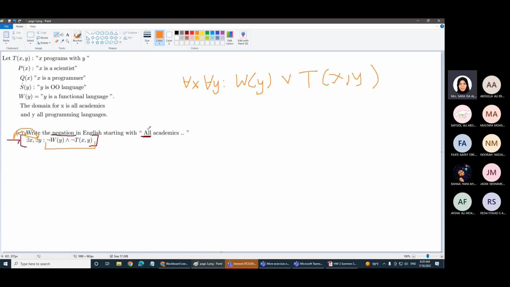And now I can start with the keyword all. Now look here, they said academic, which is my domain. معناتها there is no adjective for X. And this is really what you have here. There is no predicate related to X expected TY. بس حتى لو كان عندي predicate for ال X, they don't want from me to use the adjective technique لأنه حدد لي all academic.